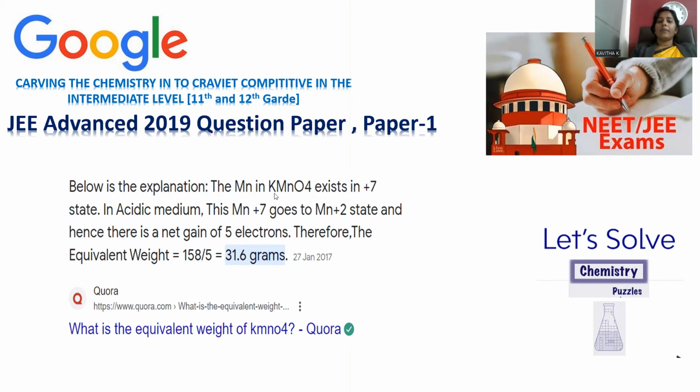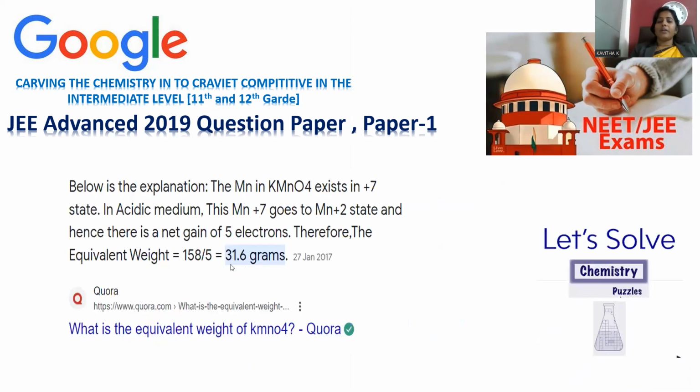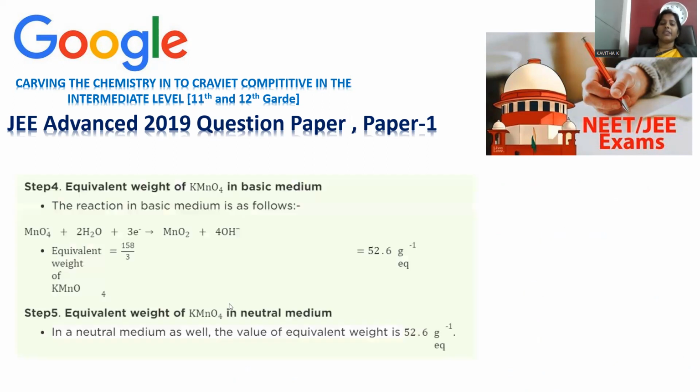The molecular weight of potassium permanganate is 158 and its valency is 5. Molecular weight by valency is its equivalent weight. So 158 by 5 is 31.6. What we calculated for oxalate is 85. For potassium permanganate, 31.6. Remember, second.